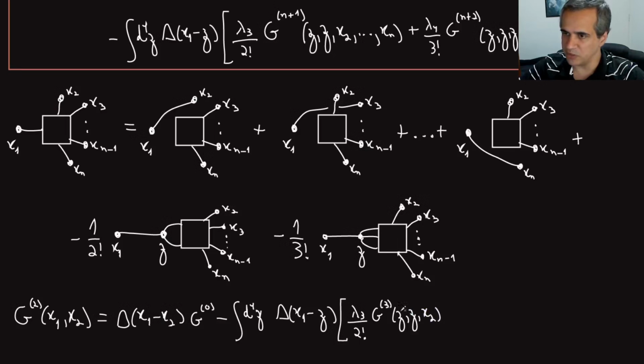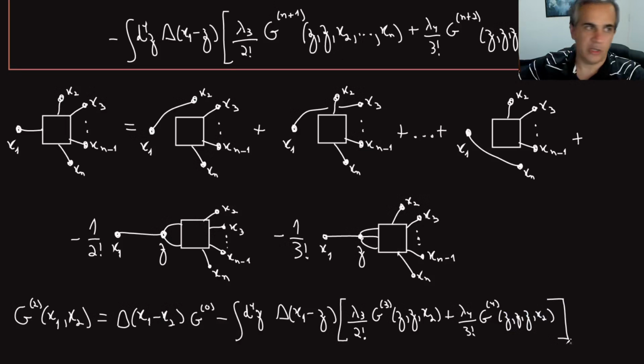Remember what these two z's mean, right? Means just that I have complicated diagrams, but both lines will go to z, right? And then the other part is just lambda 4 over 3 factorial G4 of z, x2, right?